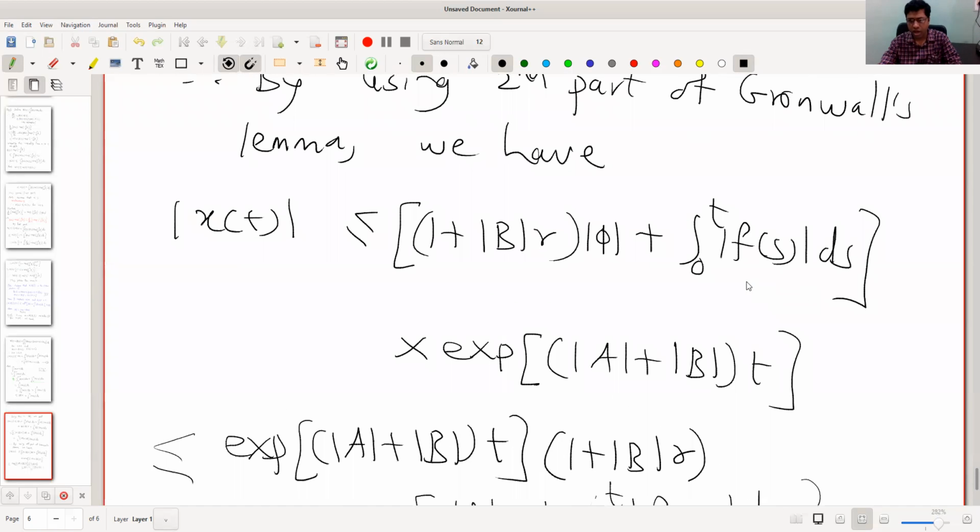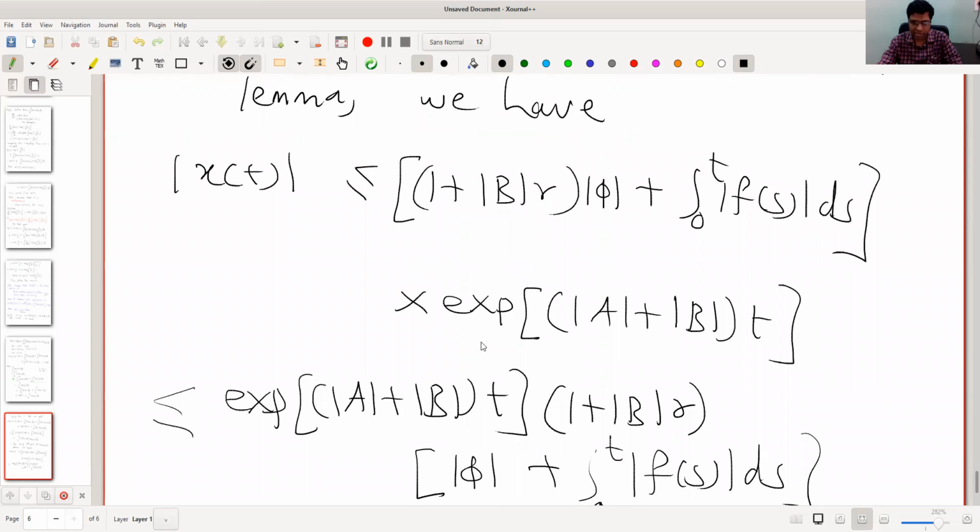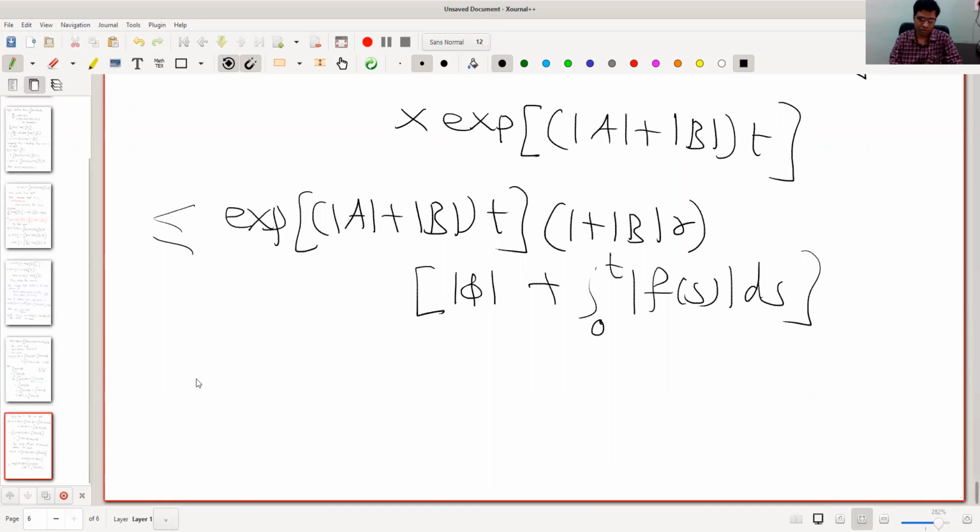I'm not saying these two right hand sides are equal, I'm saying this is less than or equal. Here we are multiplying this second term by 1 plus mod B into r, which is bigger than 1 plus something. Mod B is positive, r is also positive. So we are multiplying by 1 plus mod B into r and writing the new thing to be bigger than the old thing, and taken common.